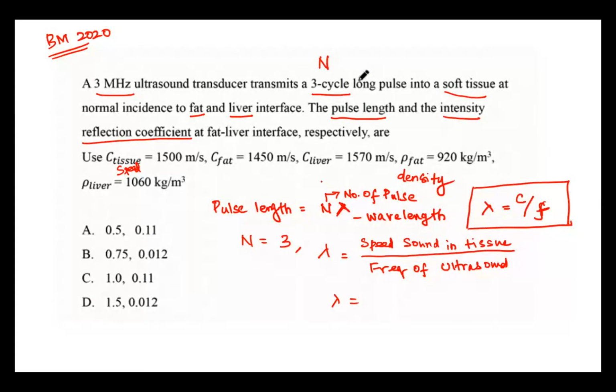They have given 1500. Since we are calculating pulse length, we substitute lambda in the formula, so it becomes n into C by F, that is 1500 into 3, divided by the frequency of ultrasound. In the question they have given the frequency as 3 megahertz.